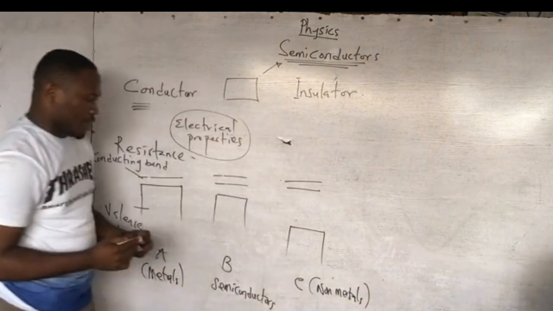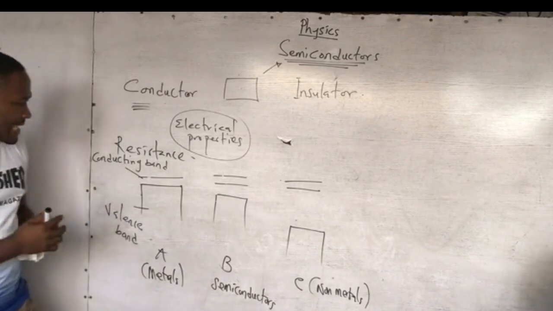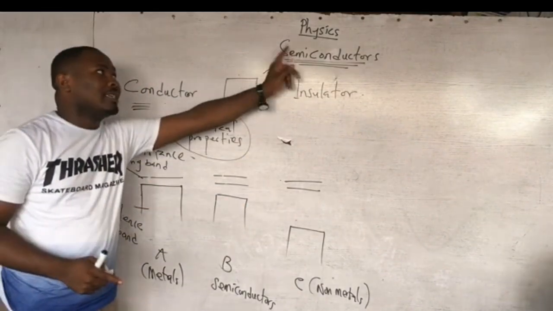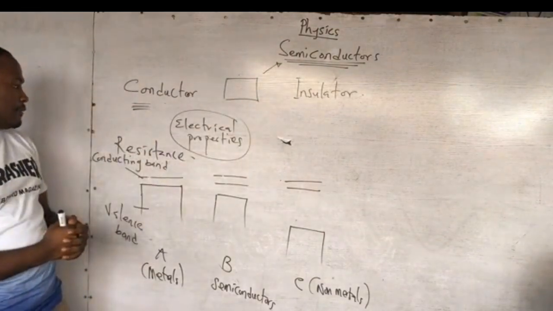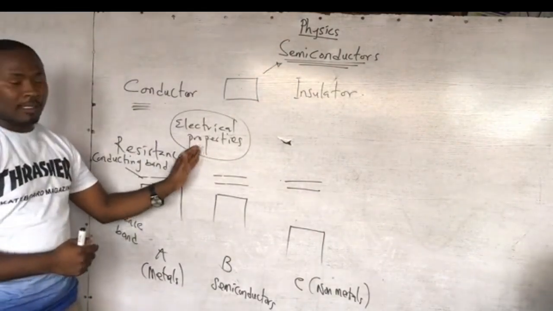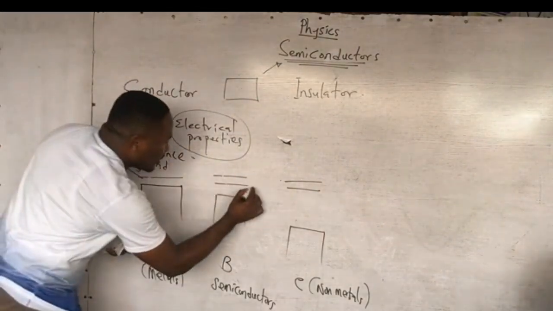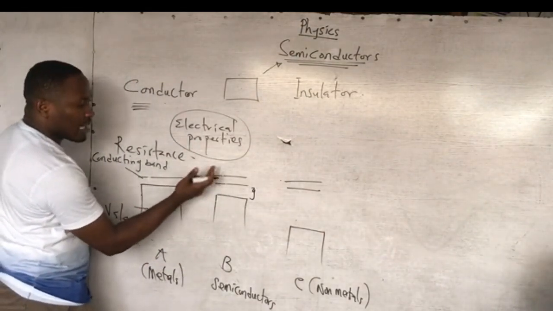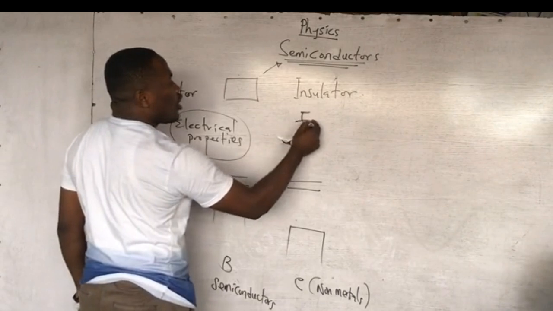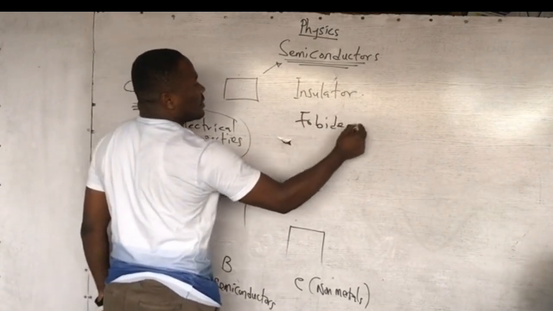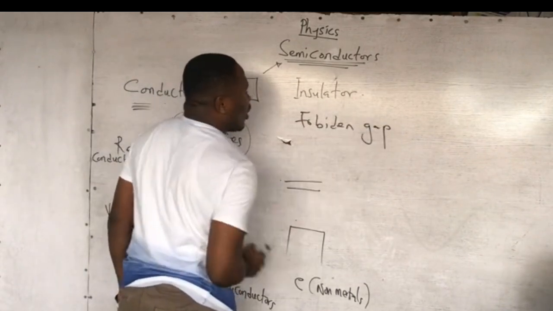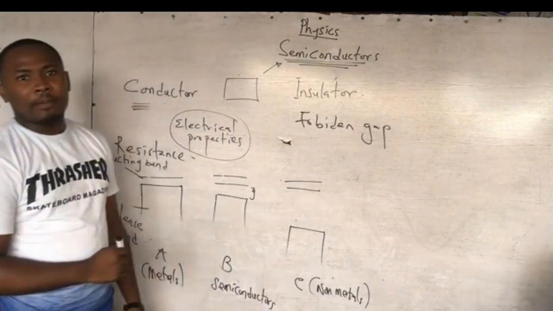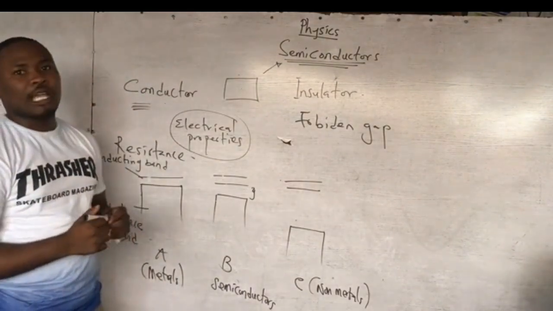Now, what can be said here is very important. I want to redefine a semiconductor differently from the one I defined first, which was based on electrical property. This gap between the conducting band and the valence band is called the forbidden gap, or the forbidden energy gap.